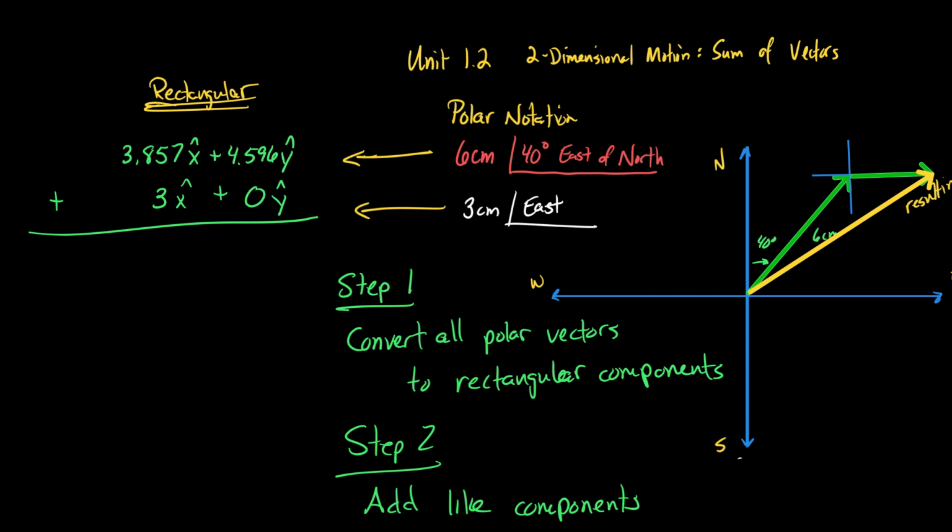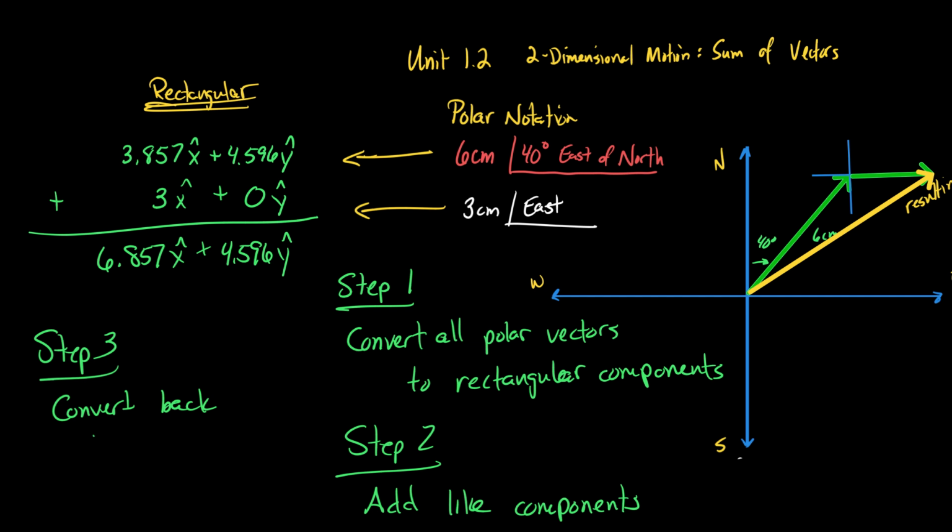So quite literally, 4.596 plus 0, and 3.857 plus 3. Step 3, convert back to polar.